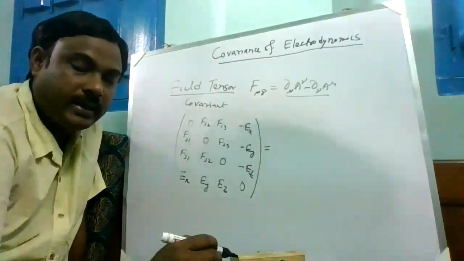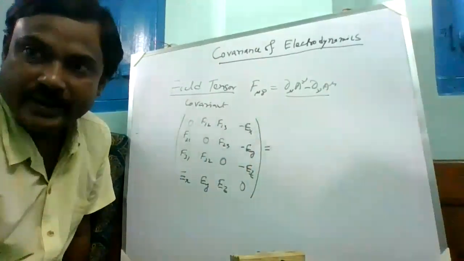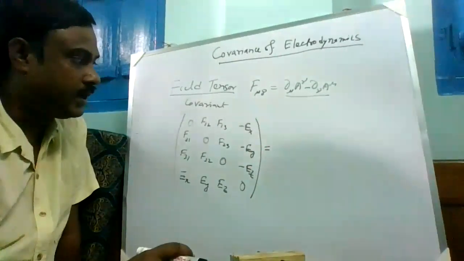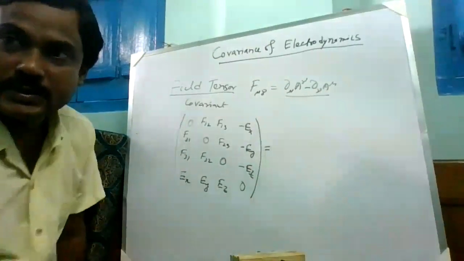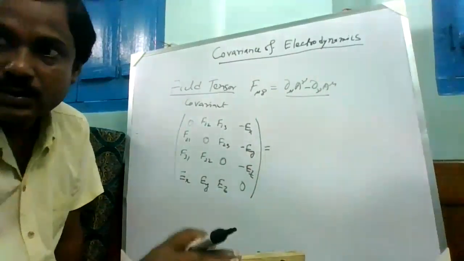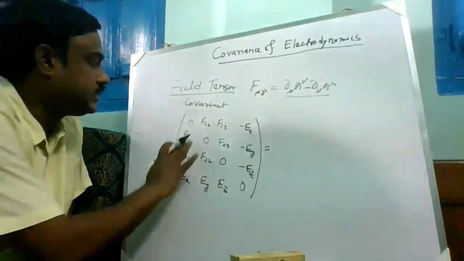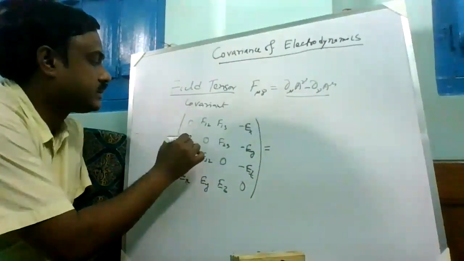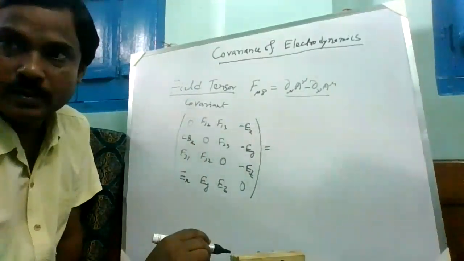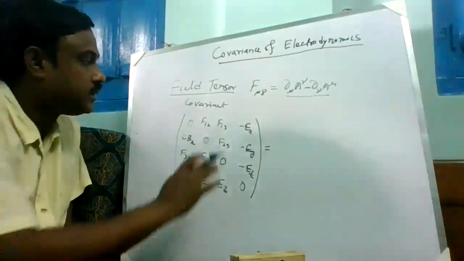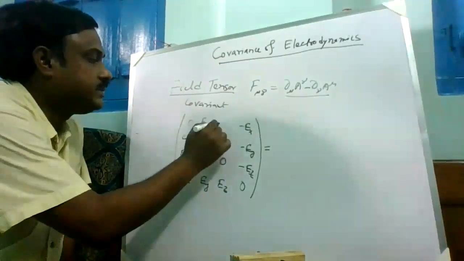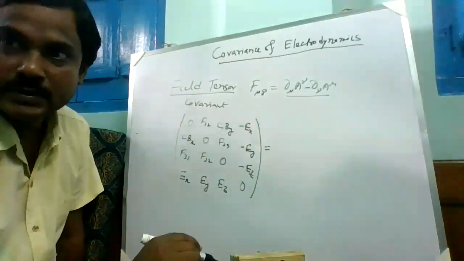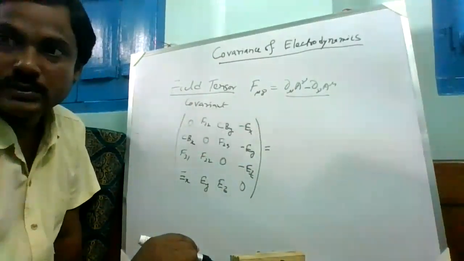Now we are left with the magnetic field components. If you remember, the positive quantities: F21 was CBx, F13 was CBy, and F32 was CBz.